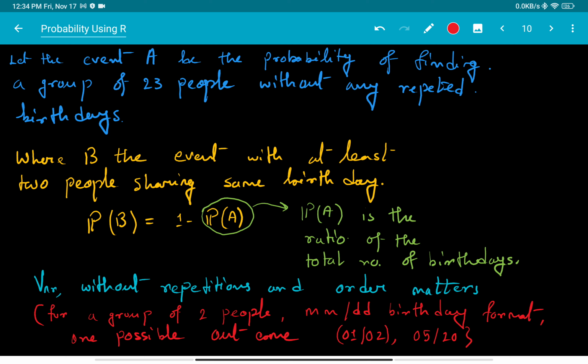So this is a possible set. Again, 0505, comma, 0520, comma, 0102, and so on like this.